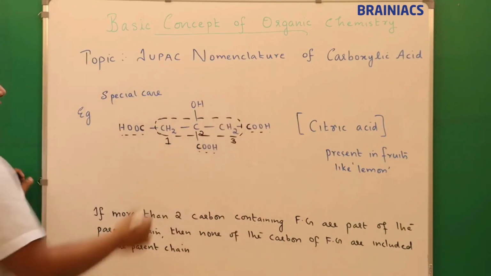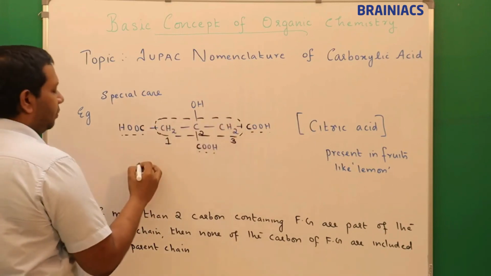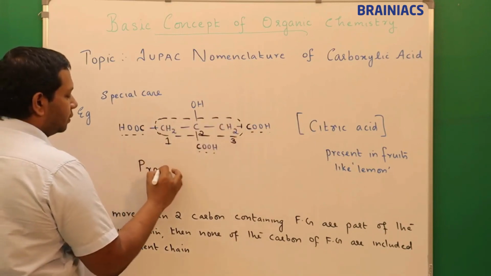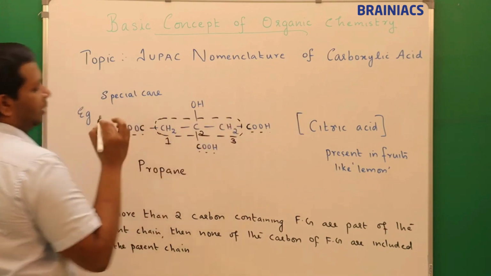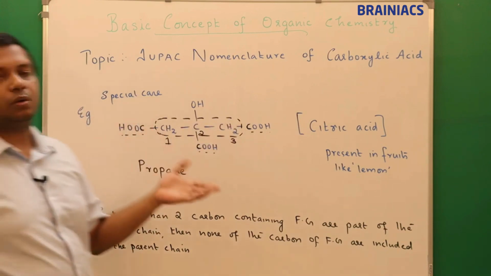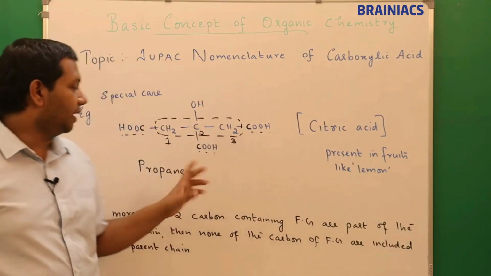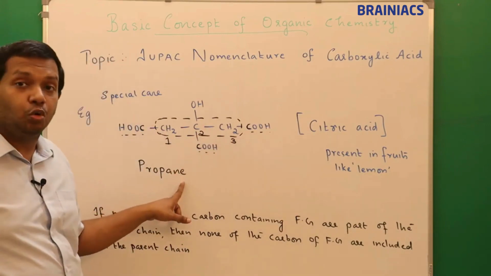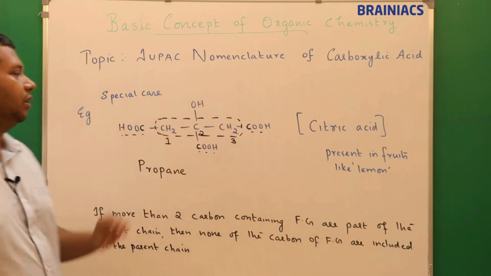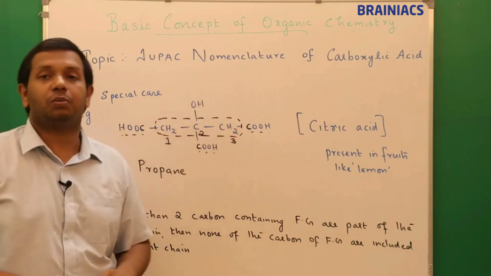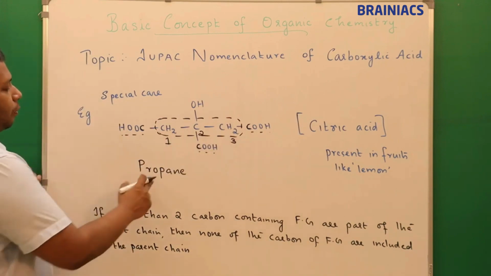Three carbons means I will use the term prop. All are connected through single bonds, so I will use propane. Please remember, whenever you are using the suffix carboxylic acid, the E should not be removed.